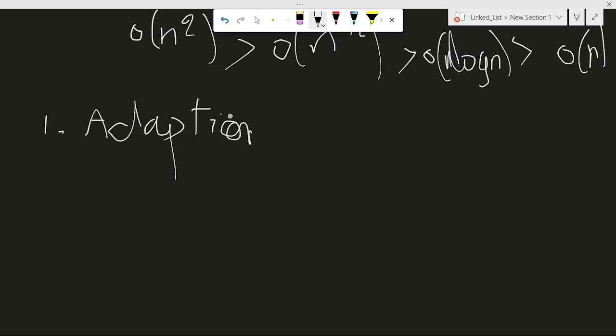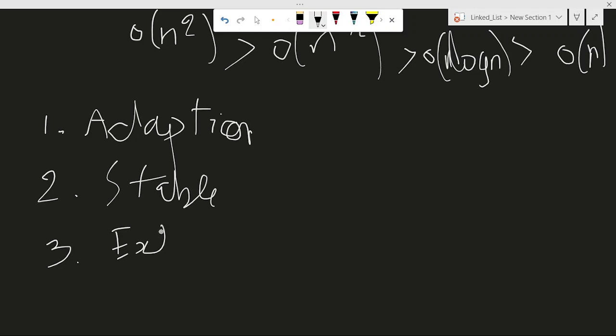I am going to explain what adaptive means. The second one is stable, another sorting criteria. The third one is the extra memory: whether it is taking extra memory or not.